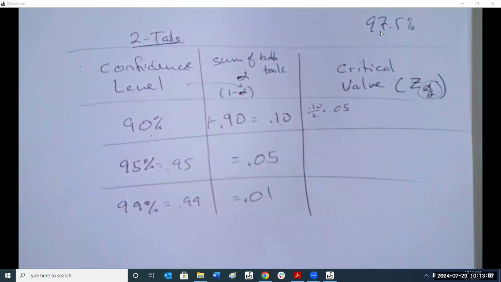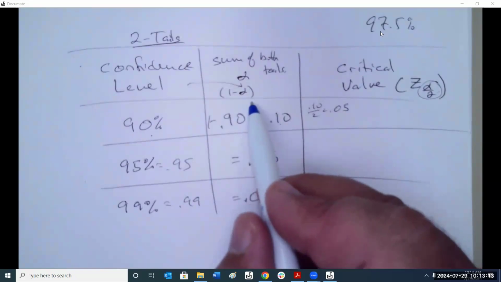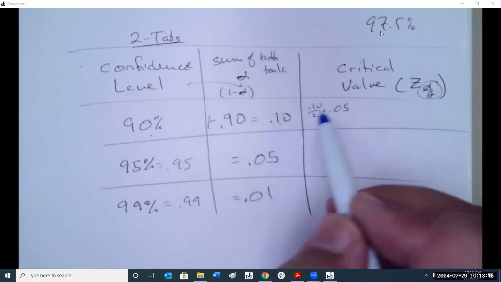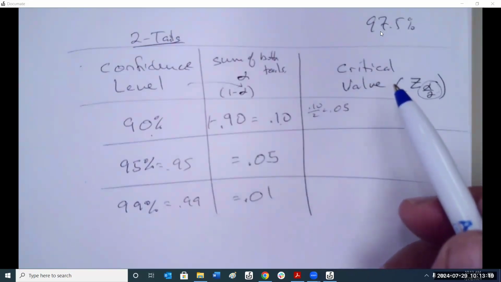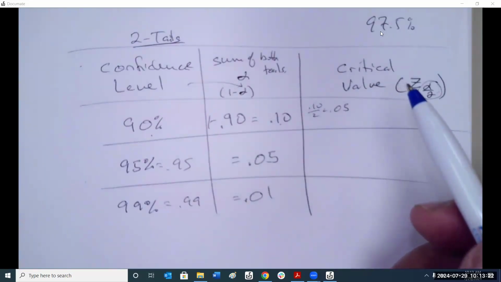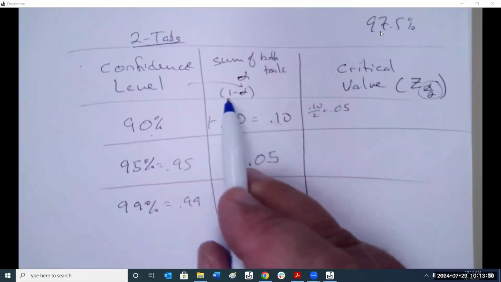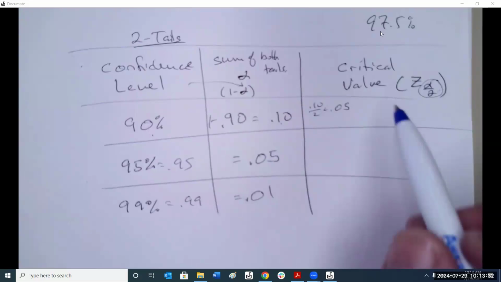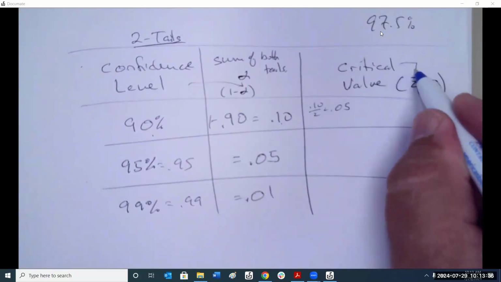Right, that's the critical value. No, the 1 minus alpha, the confidence level, gives us our Z value. So the 0.10 is the critical value. Alpha divided by 2 helps us find the critical value, which is a Z value.